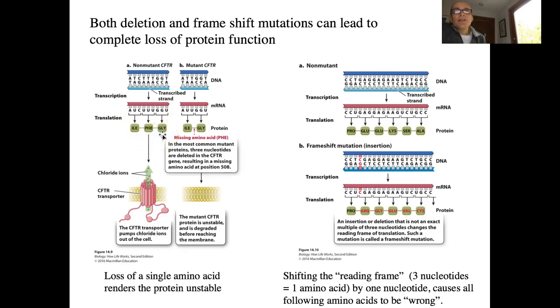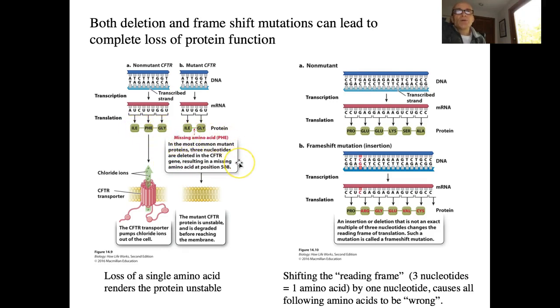Now, there is a mutation known in the CFTR gene where these 3 nucleotides are missing. The whole set of 3 nucleotides are missing. And so what's missing here is the middle amino acid. So it goes straight from isoleucine to glycine.